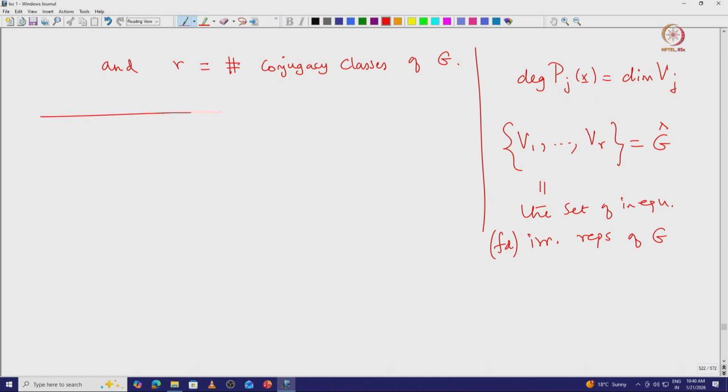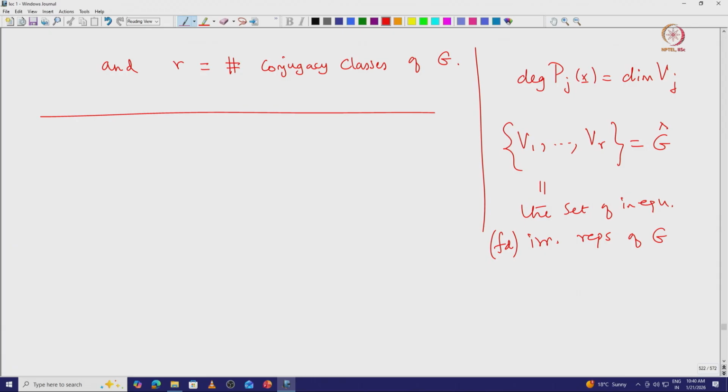But to prove this theorem, we need many preparatory results. So, let me do them one by one, and then finally I will give the proof of this Frobenius theorem. The very first result that we need is the density theorem.